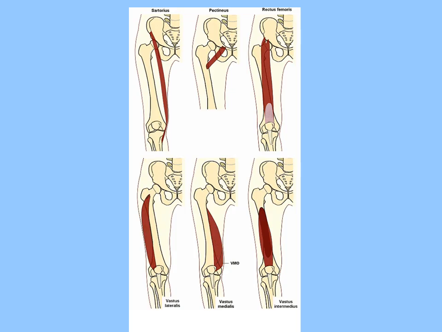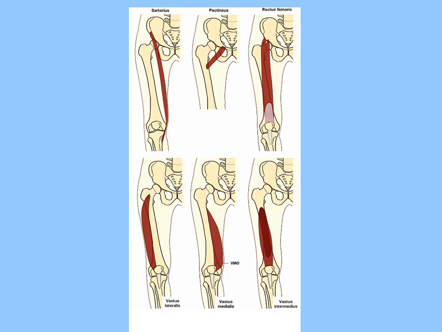The sartorius runs from the ASIS and is part of the pes anserine group. The sartorius, when it contracts, is said to place the hip and knee in the tailor's position. Hip flexion, abduction, external rotation, and then flexion of the knee, similarly to how a tailor might sit.